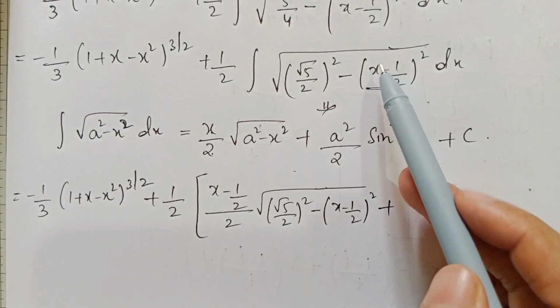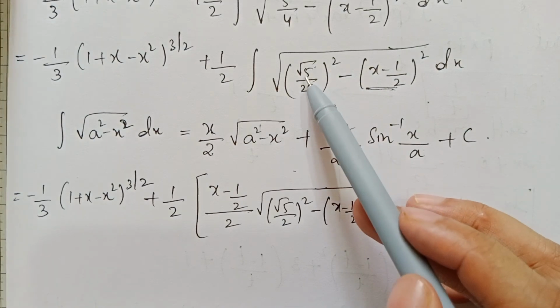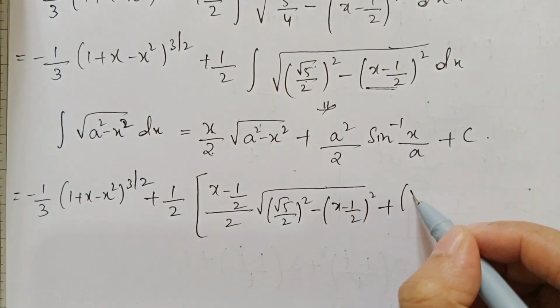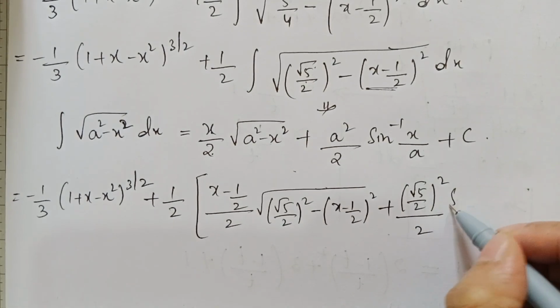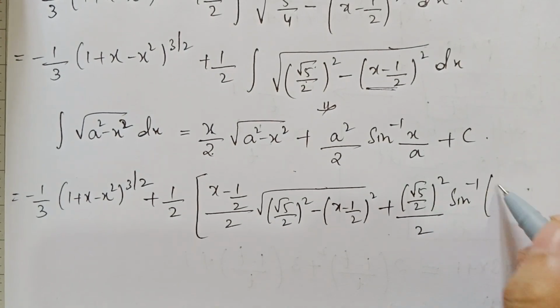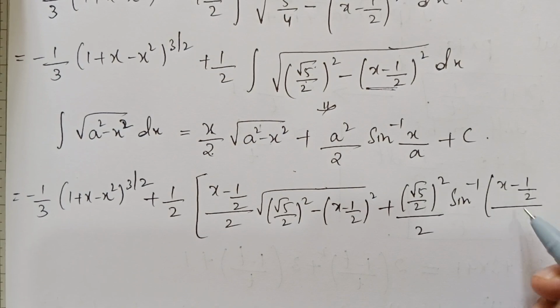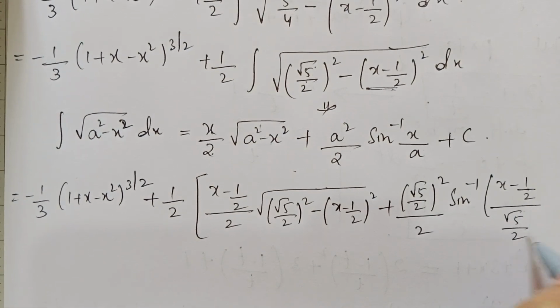So the value of a is root 5 by 2. So it is root 5 by 2 square by 2 into sine inverse, x value is x minus 1 by 2, by a value is root 5 by 2, plus c, right?